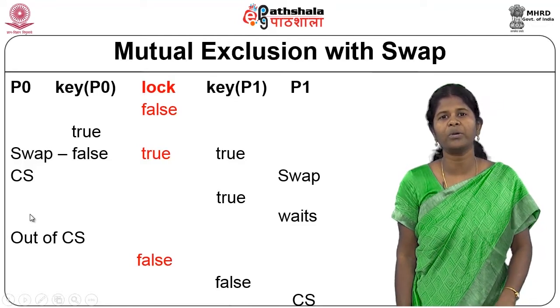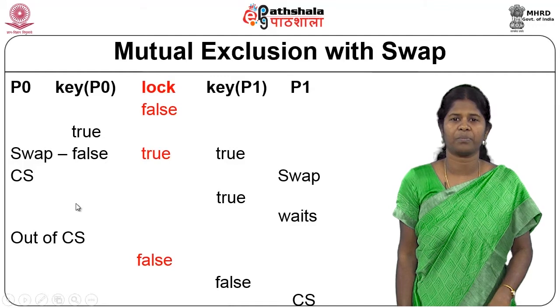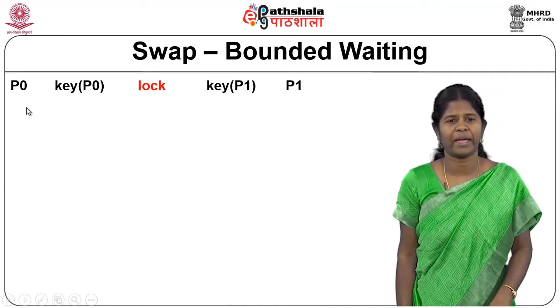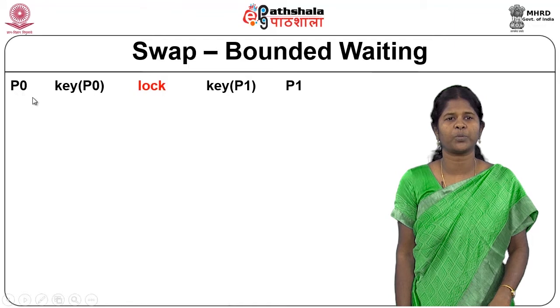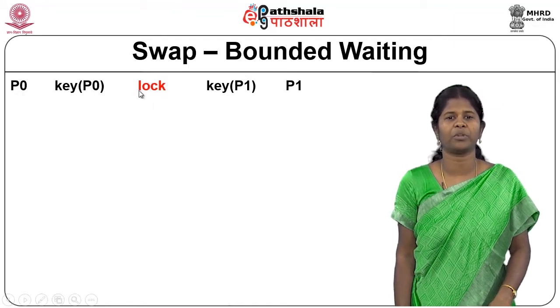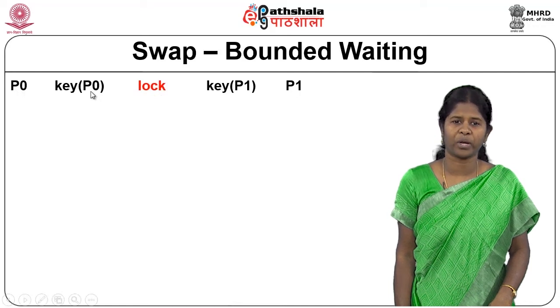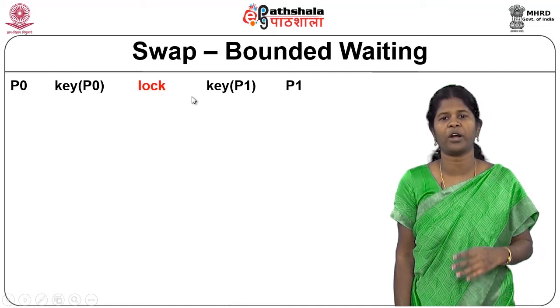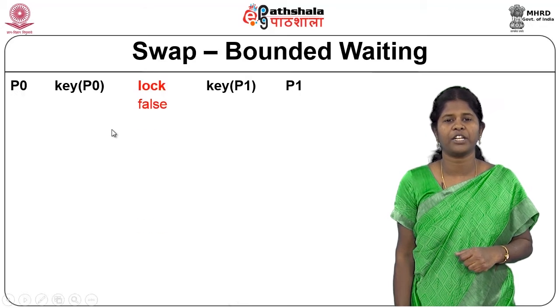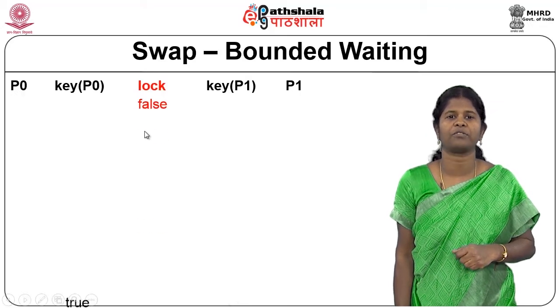And how about the other condition? Is bounded waiting satisfied in this? We will see. Again, we have two processes P naught and P1, and there is a global variable called lock, and there is a local variable key for process P naught and for process P1, and initially the value of lock is false.